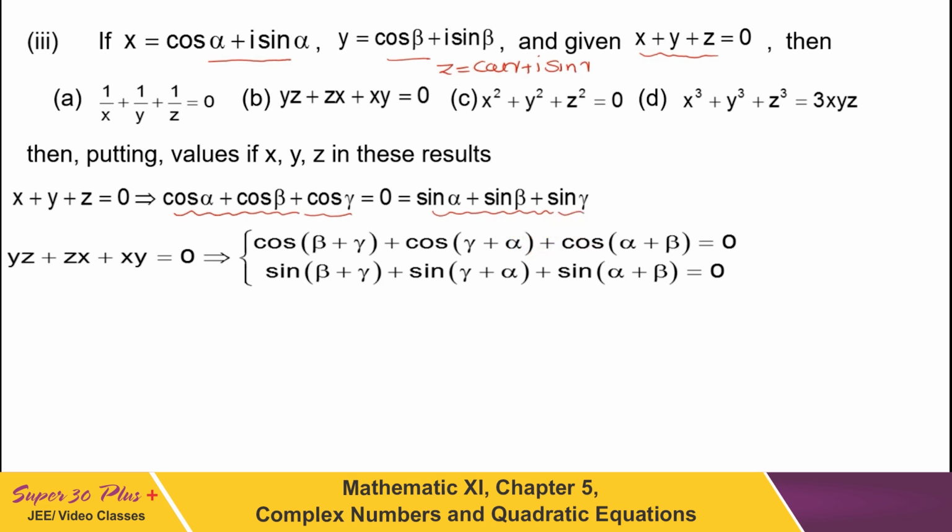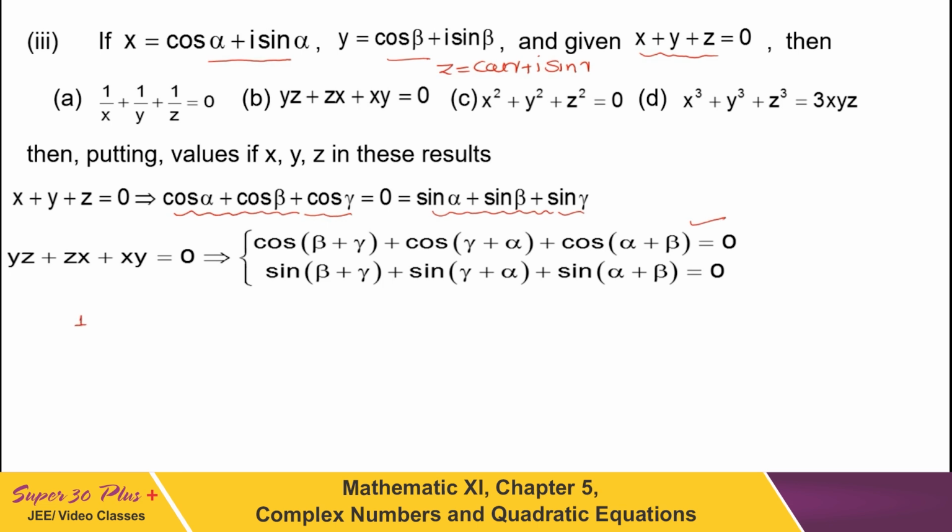And by using these identities, we can find the value of yz + zx + xy. Means if this is 0, how is this 0? Because x + y + z is equal to 0, then 1/x + 1/y + 1/z will also be 0. How?